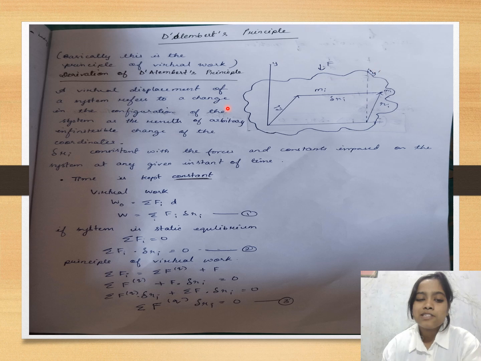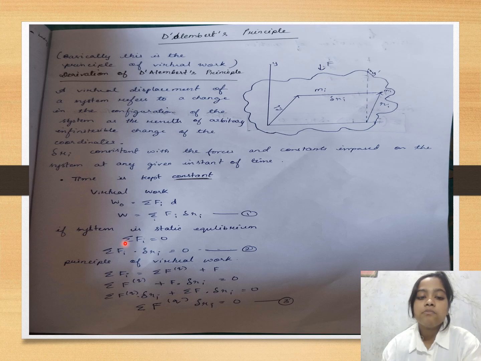So here time is constant, and we know that work equals force into displacement. Here I wrote work done equal to Fi into d, and work equal to summation of Fi dot del ri, since del r is consistent. This is equation 1.